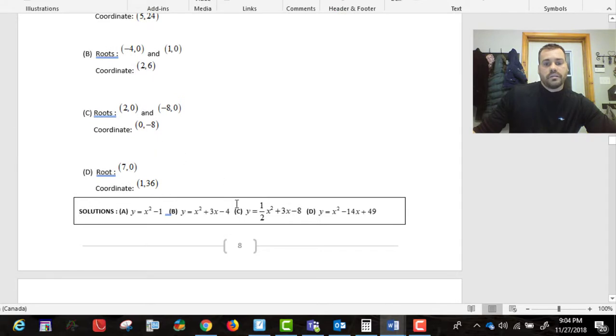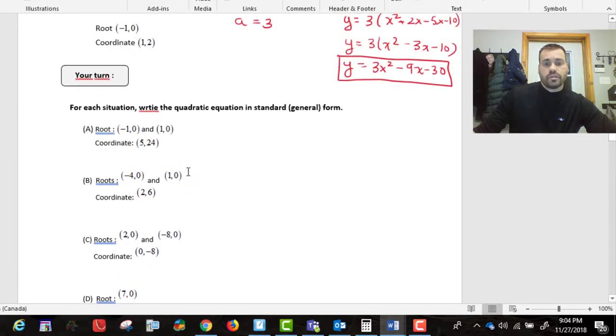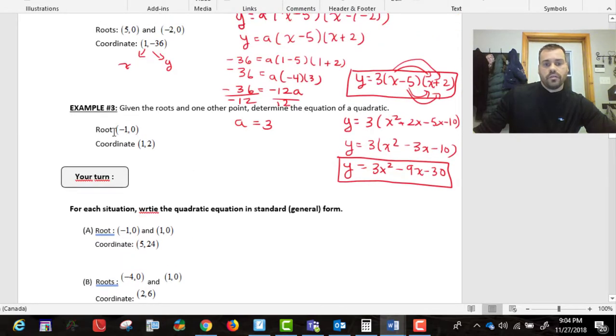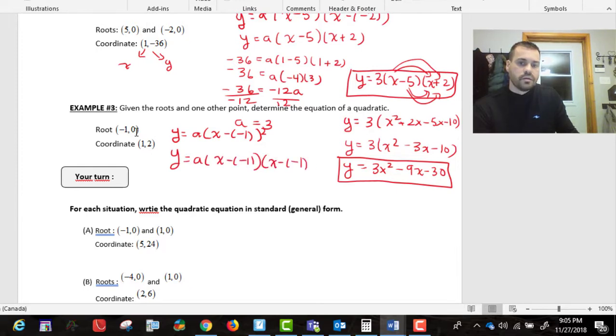And you can practice again with these. If you're given a root, and there's only one, say the root's just minus 1 in this, then what you would do is say it's a double root. So you'd write it as x minus minus 1 squared, or x minus minus 1 times x minus minus 1.